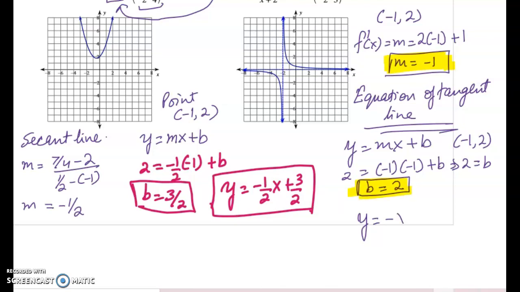The same thing that you have learned in Algebra 1. This is what they are asking for. Slope: how to find the slope? Finding the derivative at a given point, and putting it in the slope-intercept form. So this is the equation of the tangent line, and this is the equation of the secant line. I hope it makes sense.